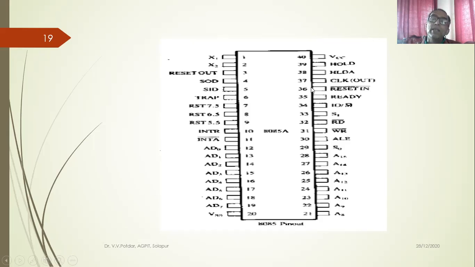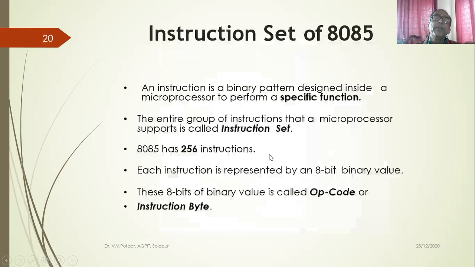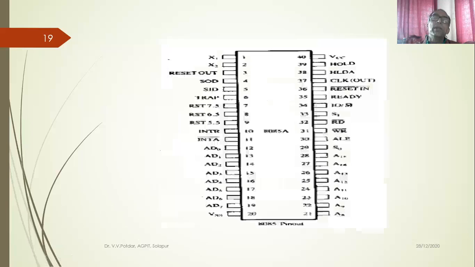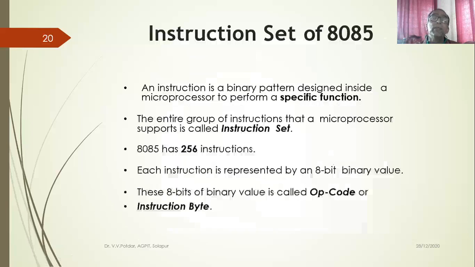Then we have reset in, clock out, hold, and then you have trap, and reset out. So each pin has a specific task. This also you have to remember, and you have to describe the functions of each pin. As I said, Bolton's book has a very good pin diagram for 8085.